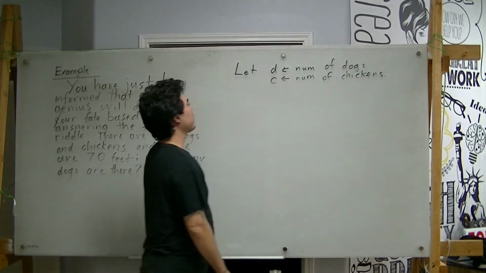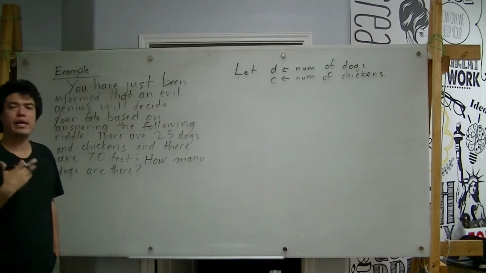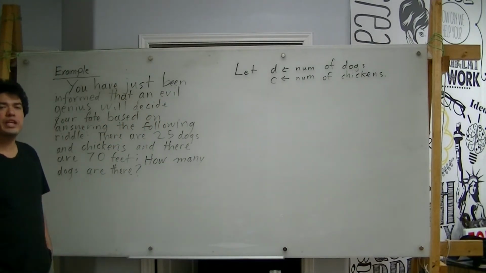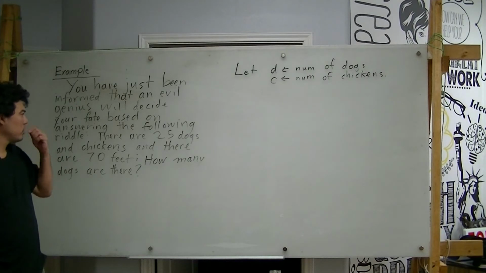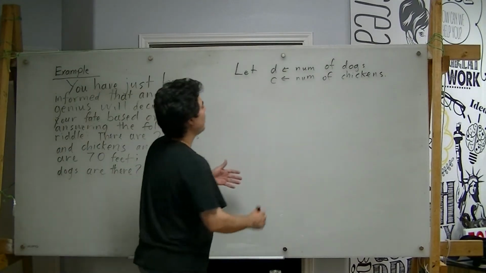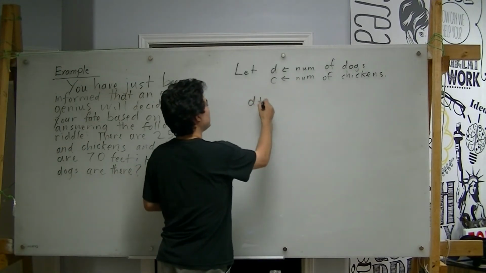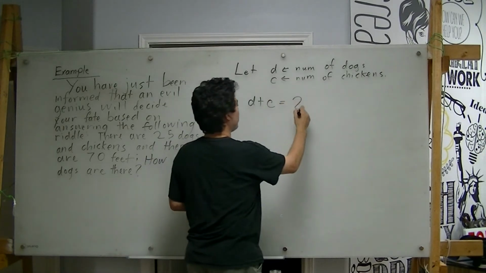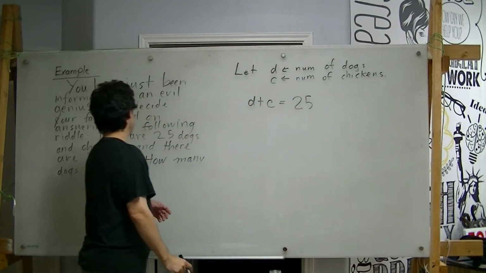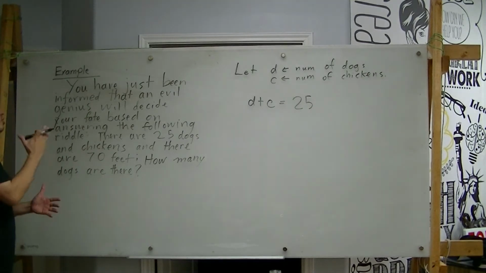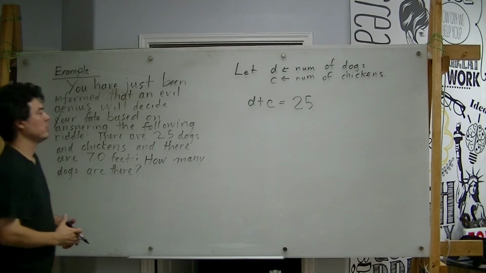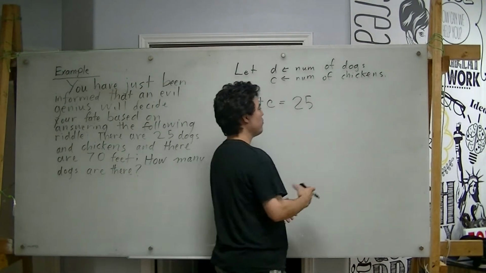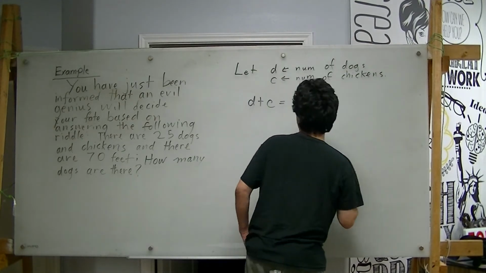Okay? So that's first, obviously. We want to label our variables and we want to state explicitly what they are. We know already that D plus C has to equal 25 because it says to us that there are 25 dogs and chickens, right?